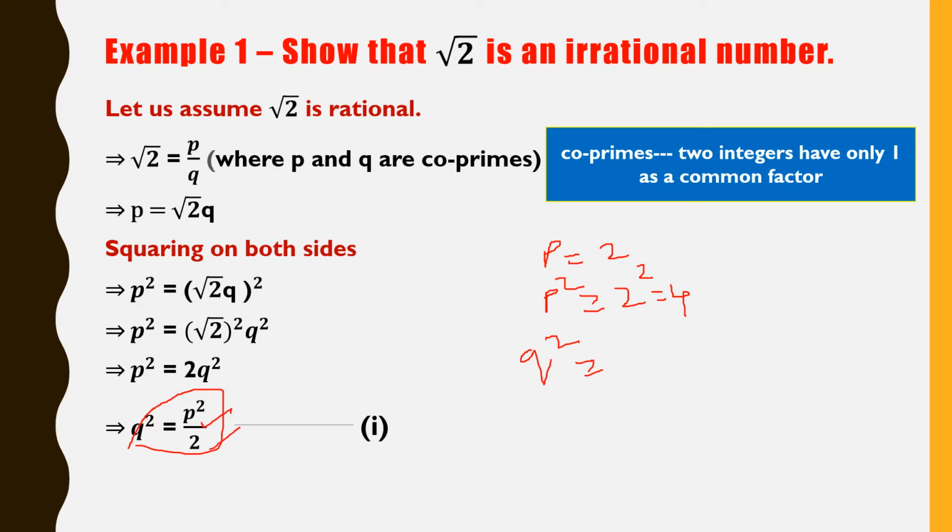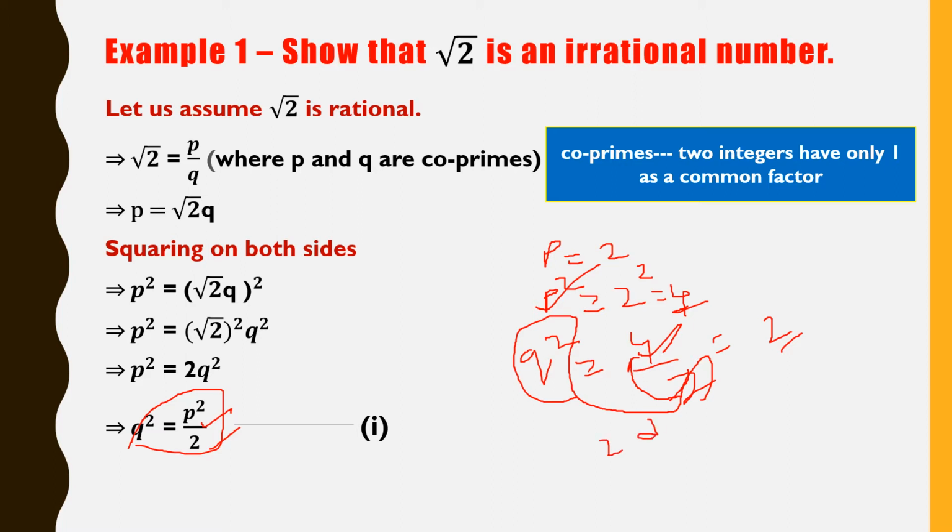So what is P square by 2? 4 by 2, which means this 2 divides P square, because we get 2 as a quotient. So 2 divides P square, it is divisible, right?